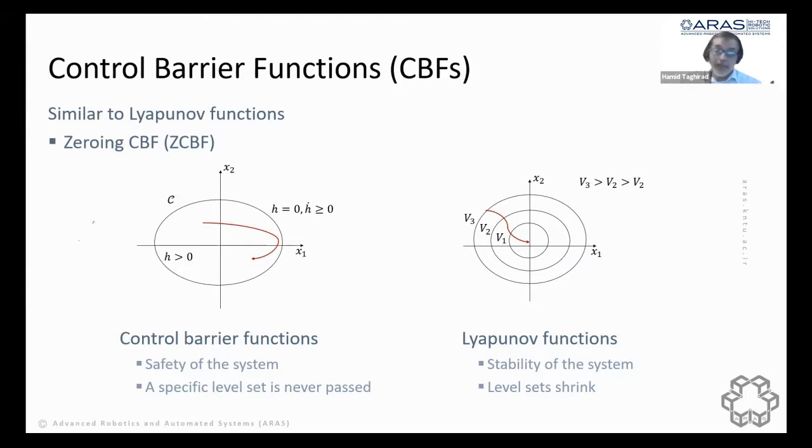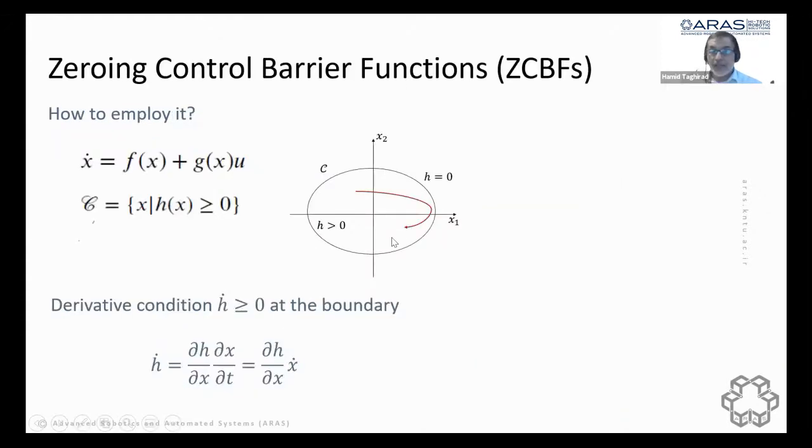The issue that we have, go to the next slide, is the boundary that should be equal to 0, and also the invariant set that we make sure that inside the set everything is going to be fine, and then having the derivative condition there.